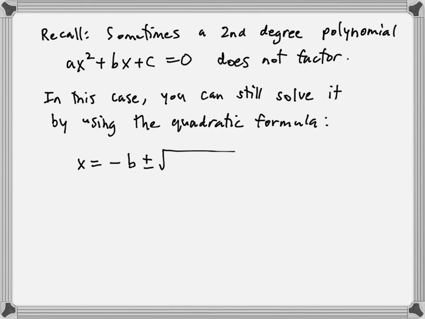Plus or minus the square root of b squared minus 4ac all over 2a. I'm writing it down. I'm assuming most of you guys remember this, but if not, there it is. Okay, we are going to use a lot of this stuff in the following problem.